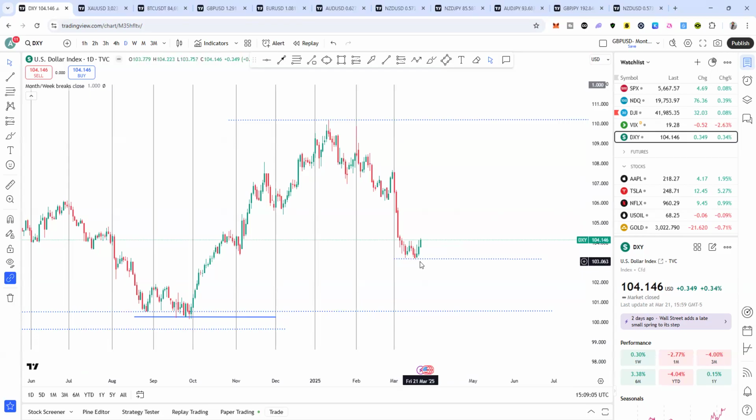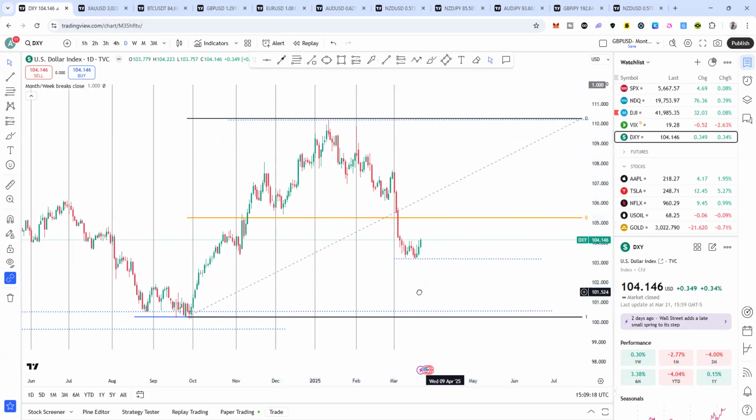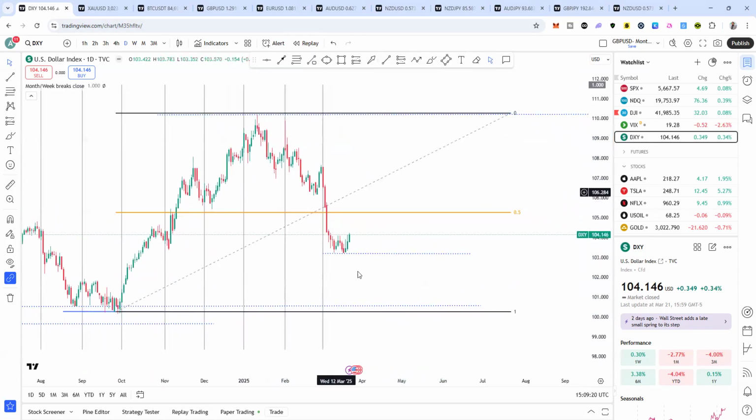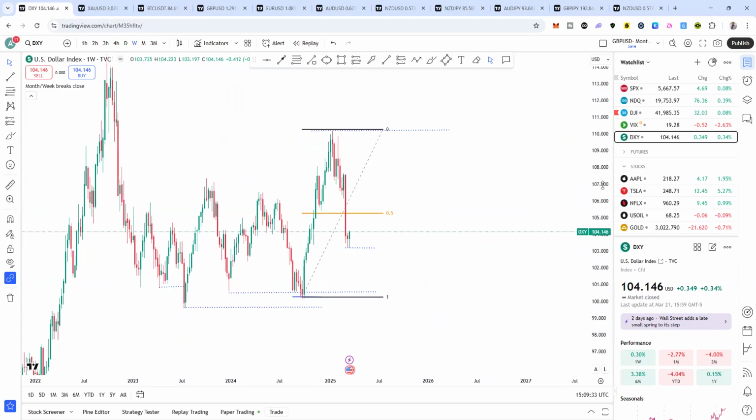It's been bouncing off this area for some time. If you put our Fib and check the whole of this swing structure, you will see that we are already inside the 50% Fibonacci retracement, which is telling me it's possible that we'll bounce off from here. But let's check the weekly time frame as well.